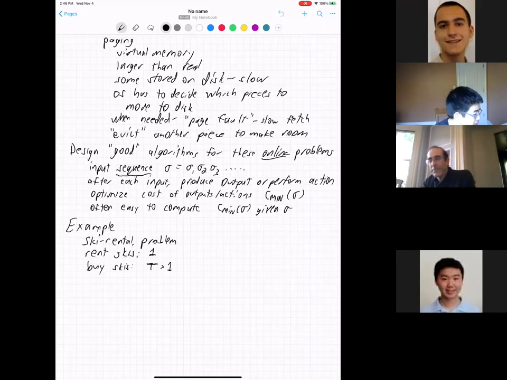Probably you start off renting, but if you find that you're renting a certain number of times, then there's some threshold. You say, the past predicts the future. I'll probably continue skiing a lot. Let's buy. Well, the idea that the past predicts the future is very optimistic, right?